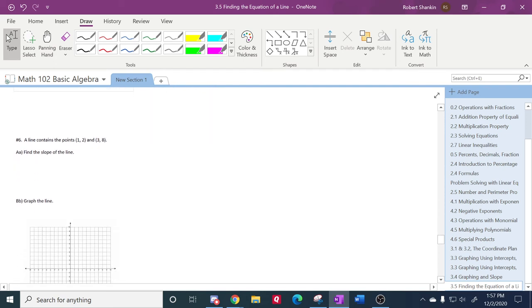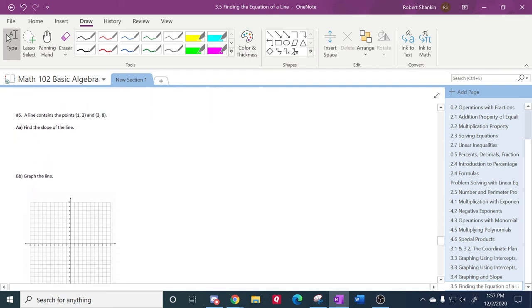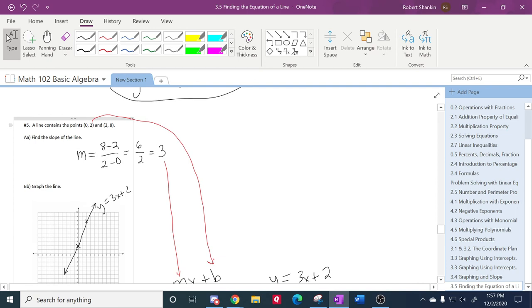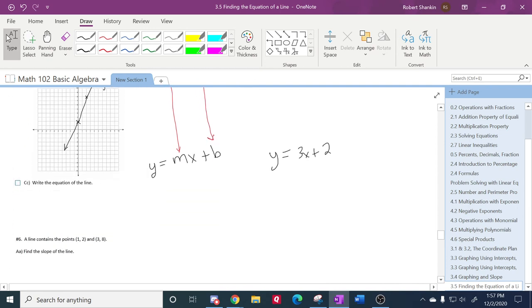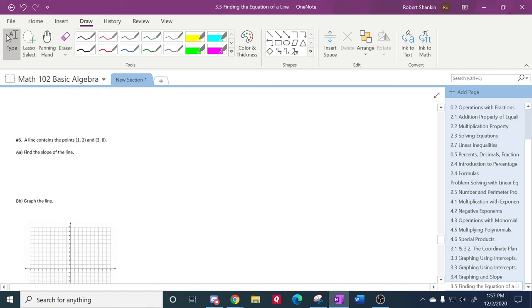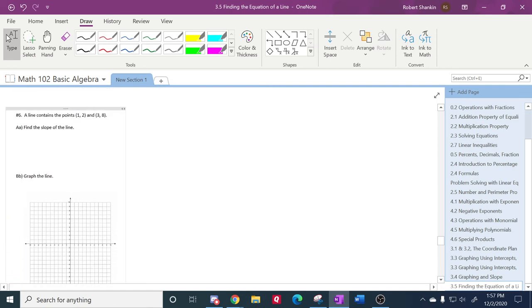All right, and then let's go to number 6. Number 6 is much worse. It looks very similar to number 5, but why is number 6 going to be harder to find the equation of the line? Does anybody see why number 6 is harder than number 5?